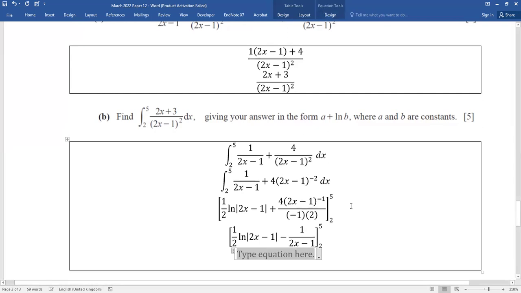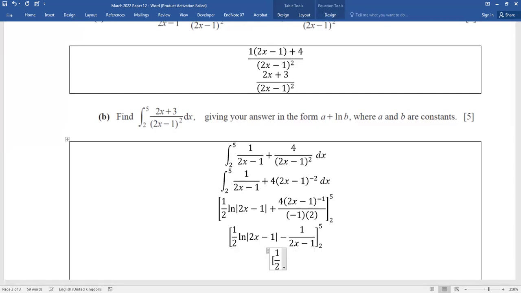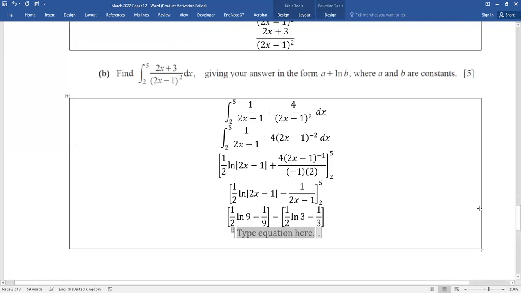So plug in the upper limit first: half ln of 2 fives are 10 minus 1, 9, minus 1 upon 2 fives are 10 minus 1, 9. Minus, in the lower limit, half, 2 twos are 4 minus 1, ln 3, minus 2 twos are 4 minus 1 is 3, 1 over 3. Okay, obviously you can use your calculator.